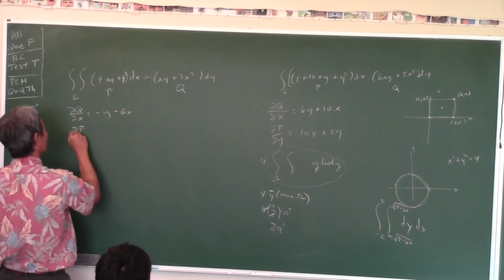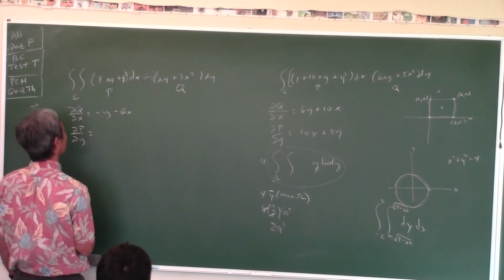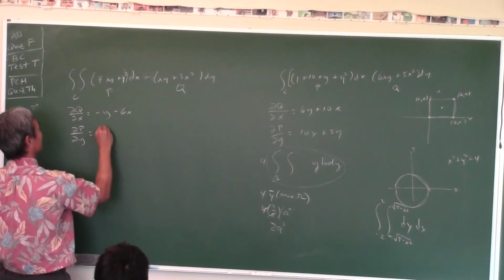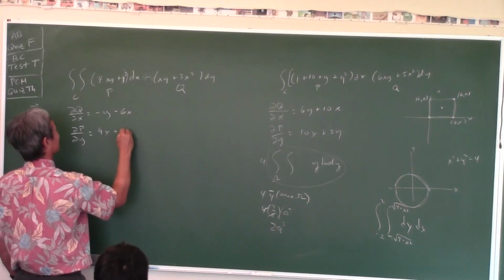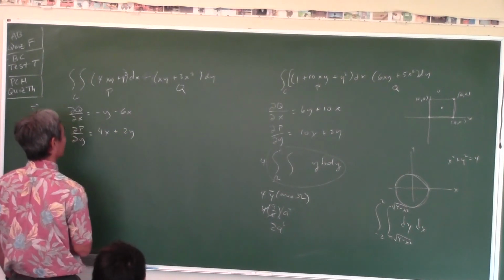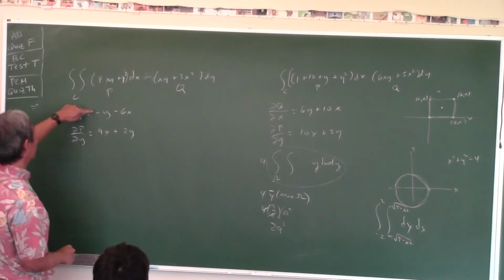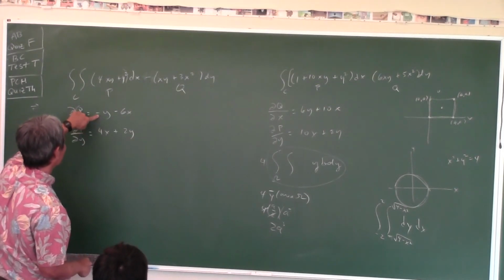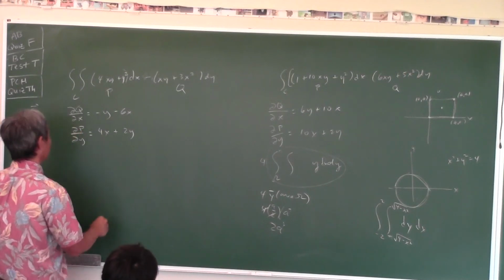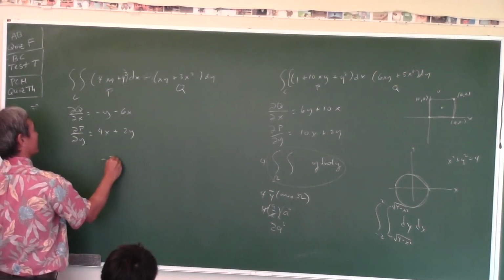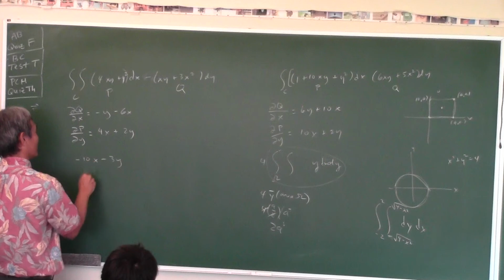And the partial of p with respect to y? 4x plus 2y, you mean? Yeah, I said 2y. Oh, okay, I didn't hear that. And so what is this minus this? Negative 3y minus 10x. I like to put the x first.